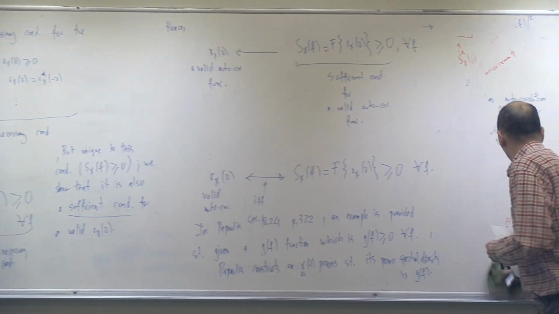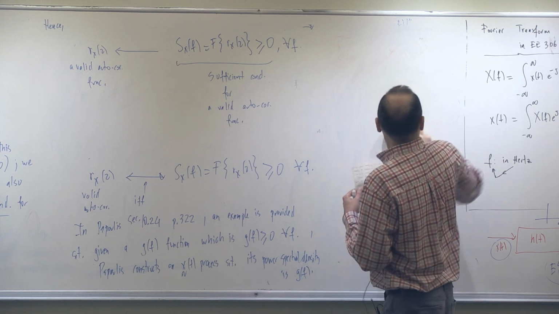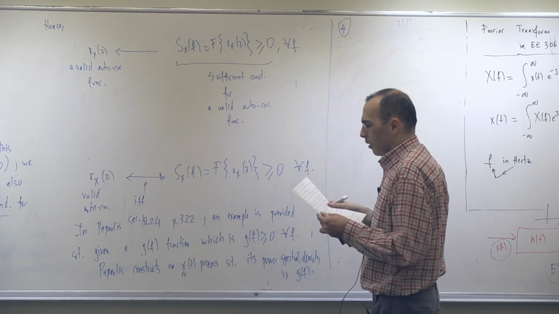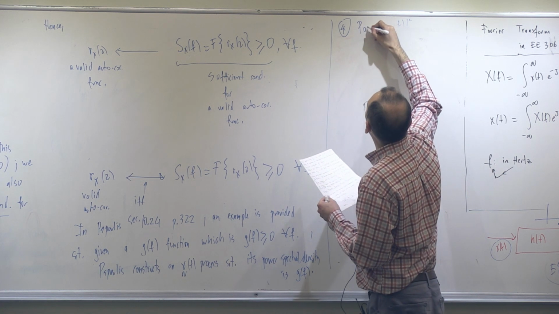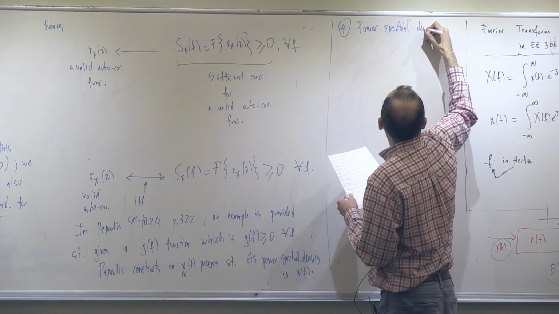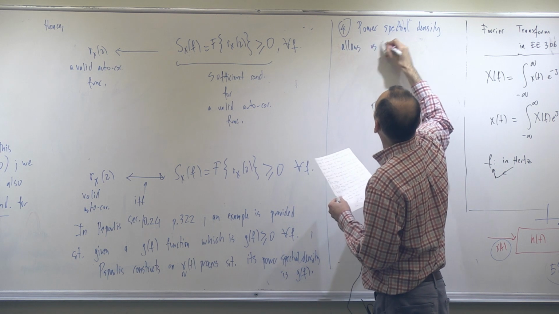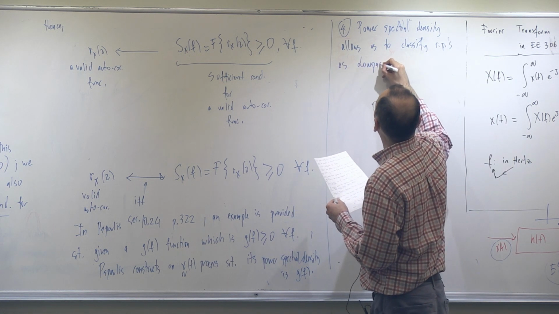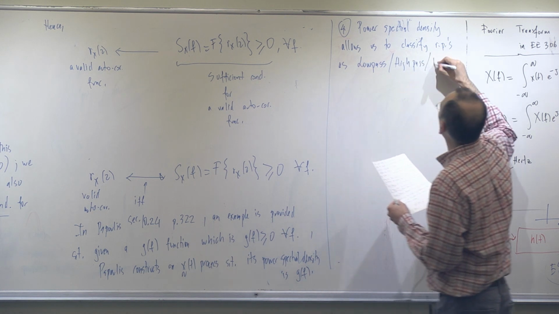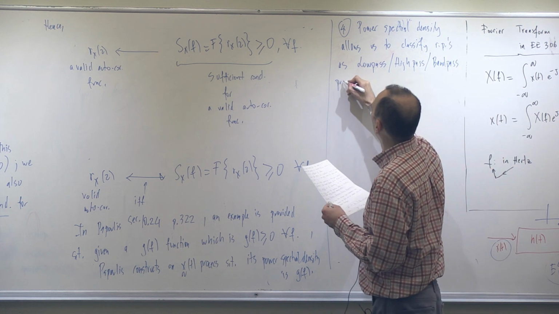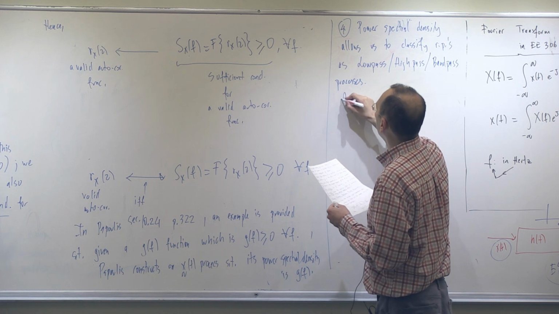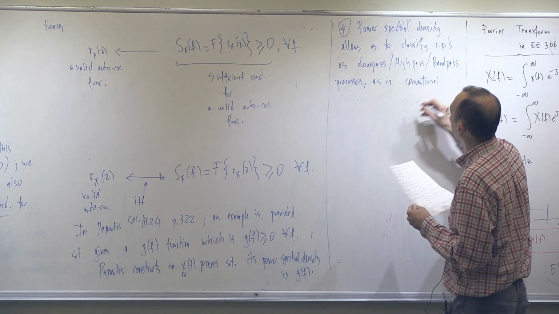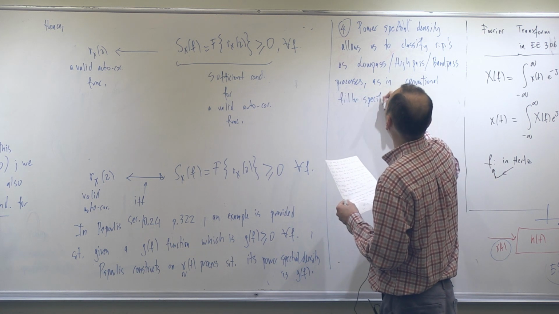What else? One more thing. This is number 4, I guess. Power spectral density allows us to classify random processes as low pass, high pass, or bandpass processes, as in conventional LTI filter specifications.